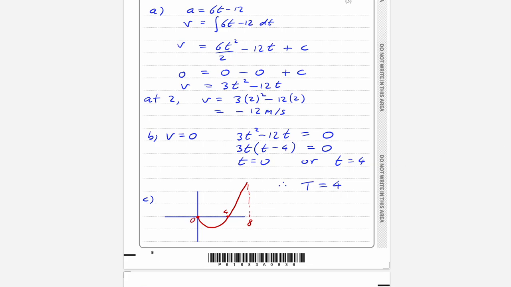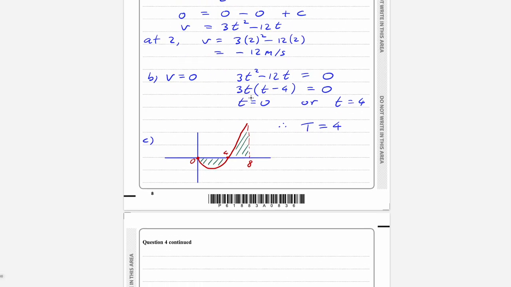Now to get the distance, I need to find areas. I need to find this area, and I need to find this area, and I need to add them together. Okay, so how do I find the area? Well, I integrate.